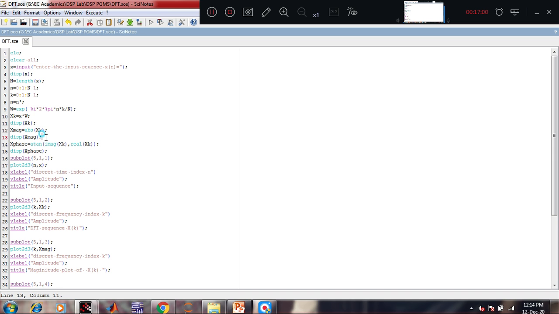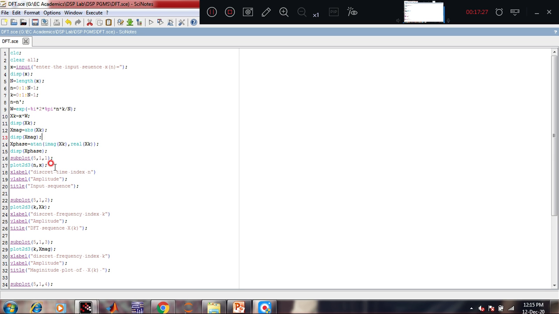Then I displayed it. Next the phase is calculated by tan inverse of imaginary of xk comma real of xk. Then I displayed it. Then this is the plot. So you have to plot the input sequence, the DFT sequence, then the magnitude of the DFT and the phase of the DFT. So this is how we display the graphs, that is the plots.